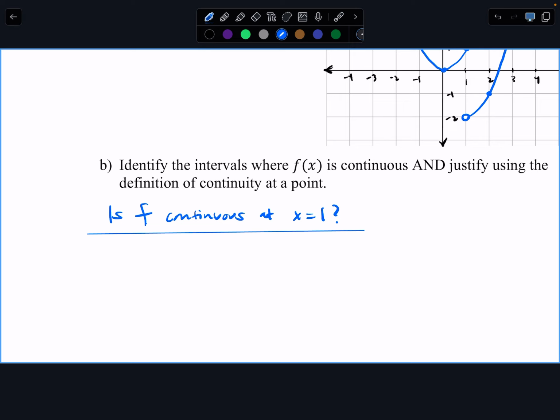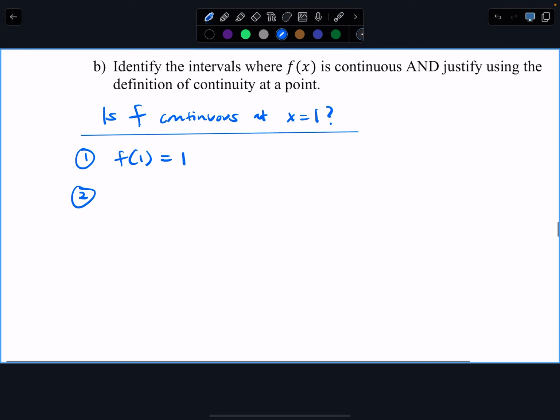But using the definition of continuity at a point, f of 1 would be 1. Do we all see that? If you hadn't already sketched the graph, you might think f could be continuous at 1. And because this is a piecewise function, we're thinking one-sided limits.